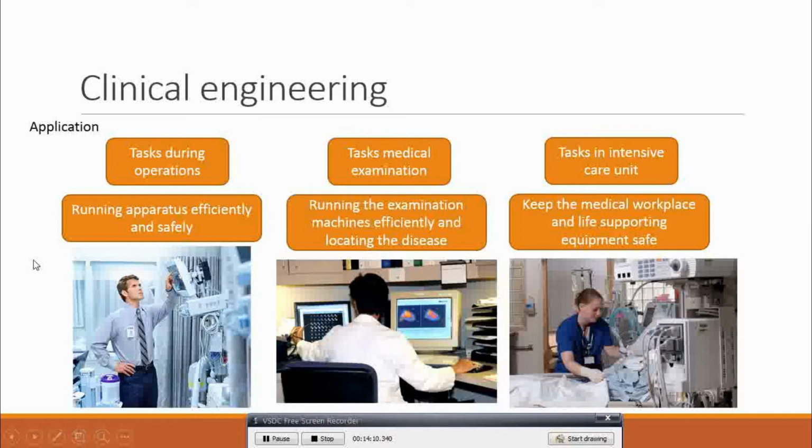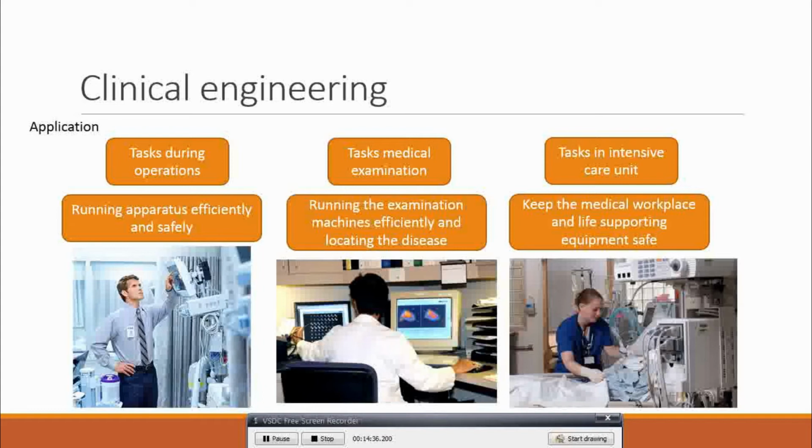Let's see some of the application of knowledge. Where will this clinical engineer be? Tasks during operation, for example, if you are involved in the operation theater units, you will have to make sure the apparatus runs efficiently and safely.